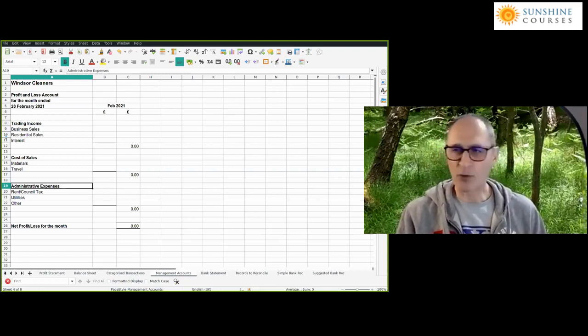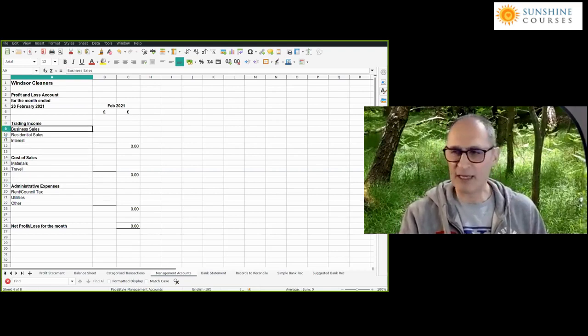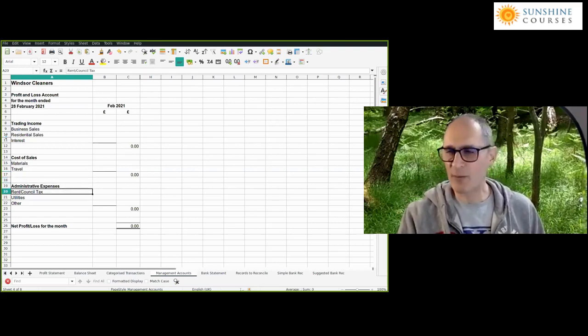So if you're a restaurant, you might be getting receipts when people come in and buy food, and your cost of sales is the food itself. But whether or not someone comes in, your rent goes into your fixed costs or your administrative costs.